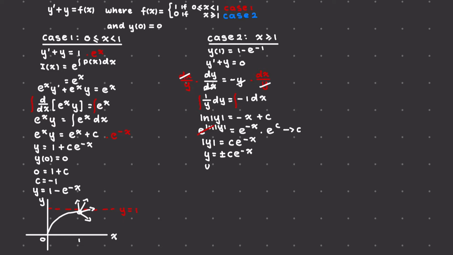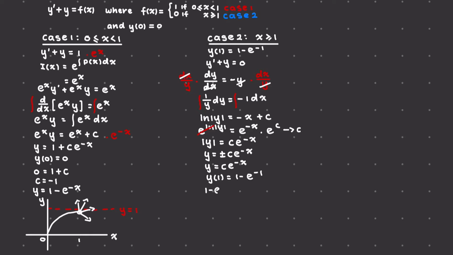So we can write our equation by removing the plus minus sign and using the new initial value condition, which is y(1) equals 1 minus e to the negative 1. Let's find the value for c.